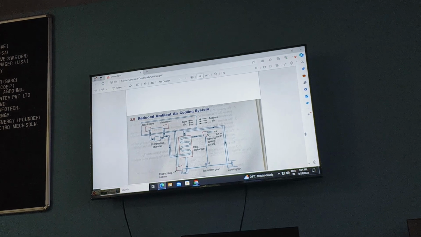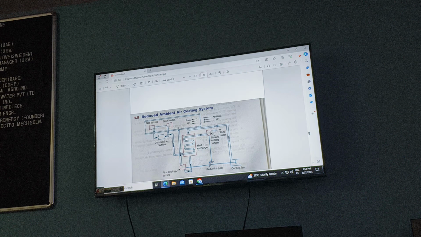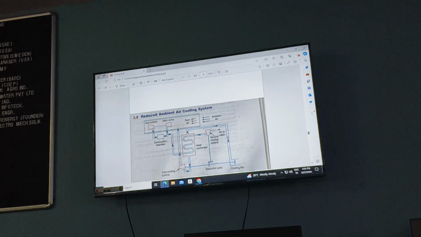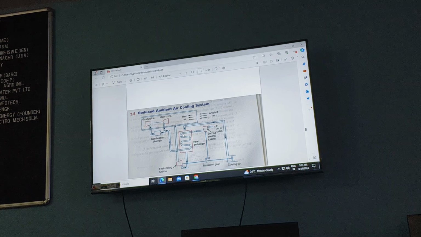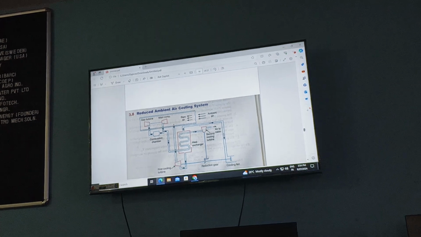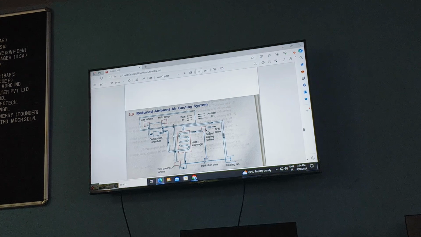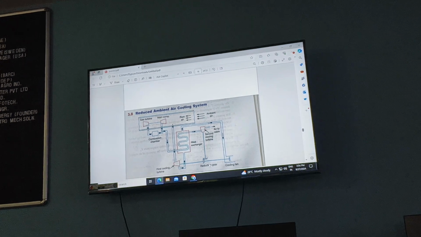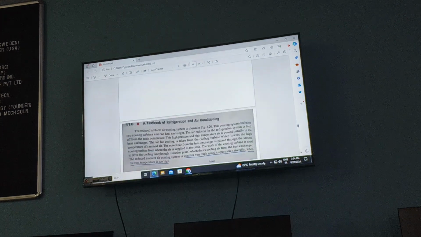That's why it is called reduced ambient. Whatever air we are using for cooling purposes in the heat exchanger, its pressure is less than the ambient pressure, right? So we will get the temperature drop in the heat exchanger itself, and after this again we will get this, okay? This air system and all those things are used here, okay?